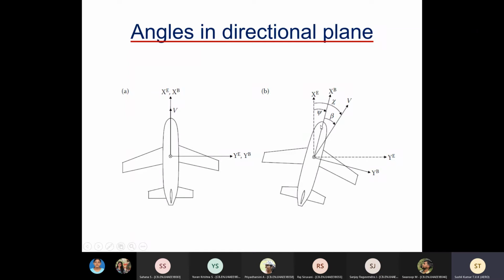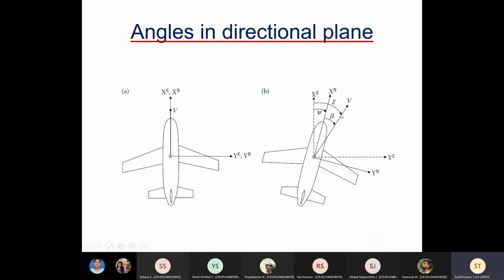If the body rotates about the Z axis by some angle, that is called the yaw angle, psi, with respect to north. But the velocity vector need not be exactly pointing along the body axis XB. That difference is called the side slip angle.